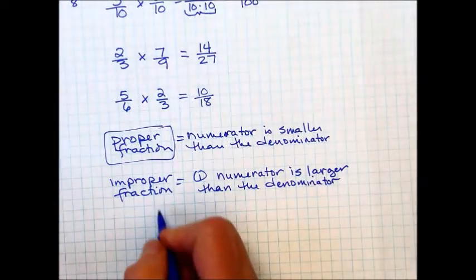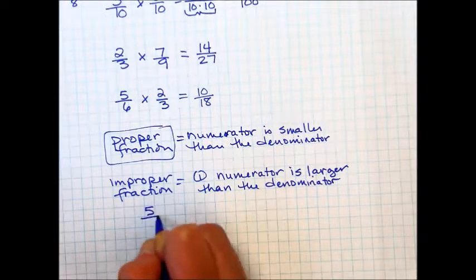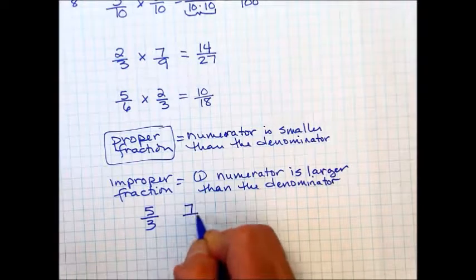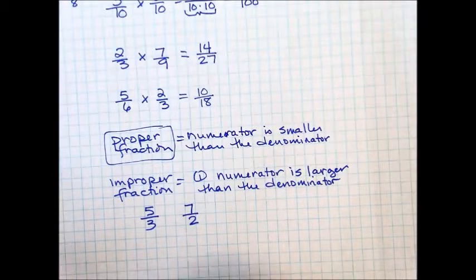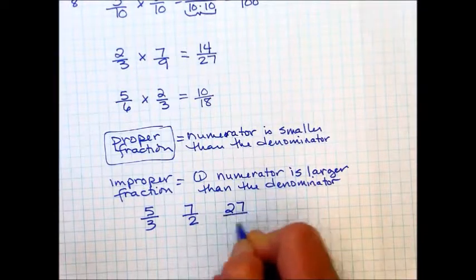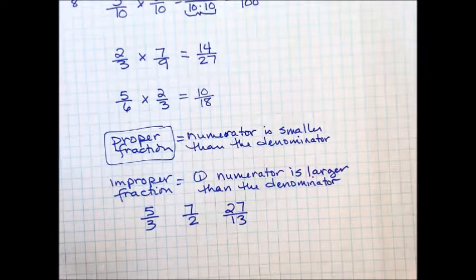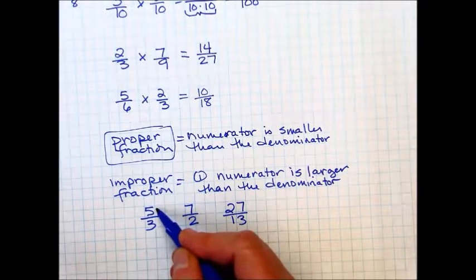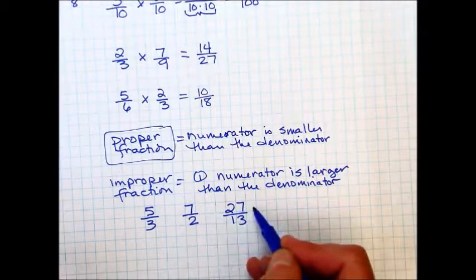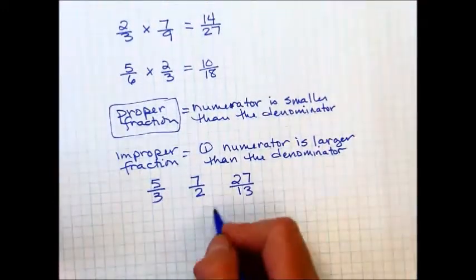An example of this would be 5/3 or 7/2 or 27/13. In all of these cases, the numerator is larger than the denominator.